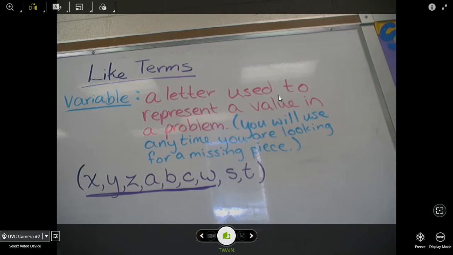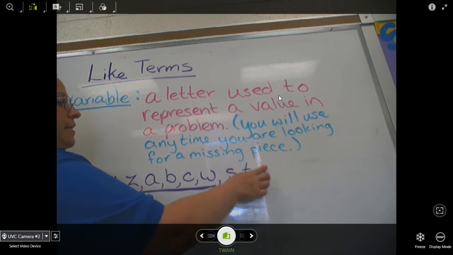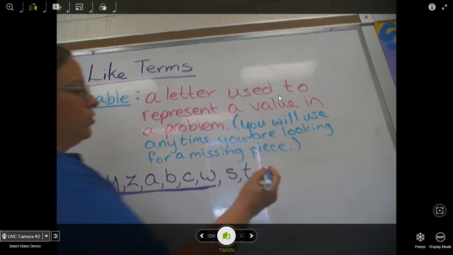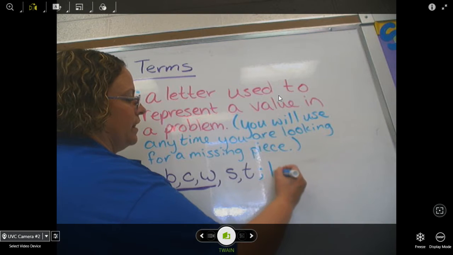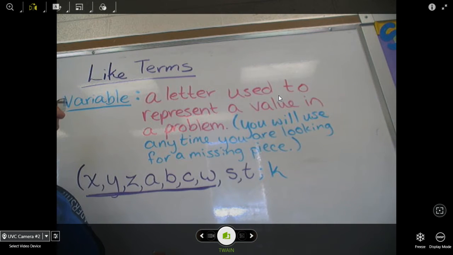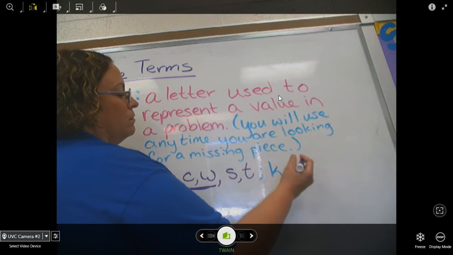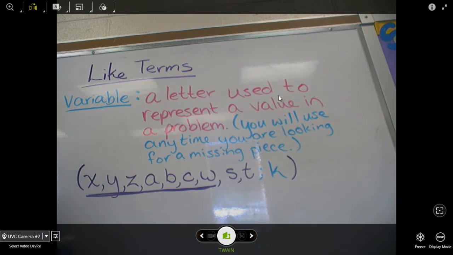Every once in a while, and we will get into this later when we're talking about variations, you'll see the letter K. But that's very, very rare. When you get into geometry, you'll see H as well, but we're going to just stick with these for now. So these are different types of variables.